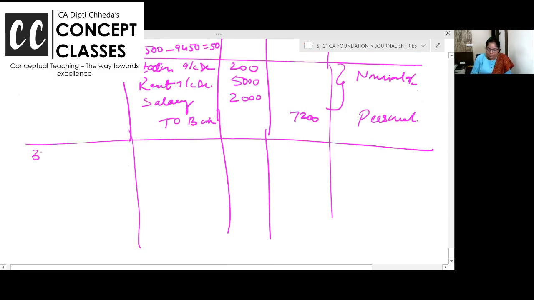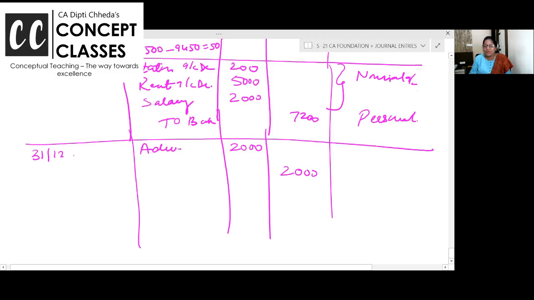Last now, 3112. Goods distributed by way of free sample. Mark this entry, very important. Till your inter level, you are going to use all these entries. So, goods distributed by way of free sample, 2,000. Now, advertisement account debit.